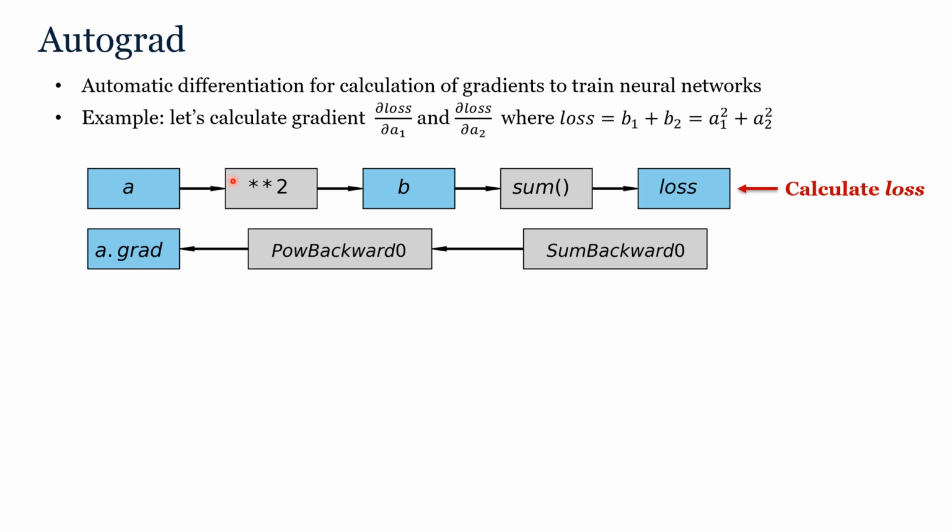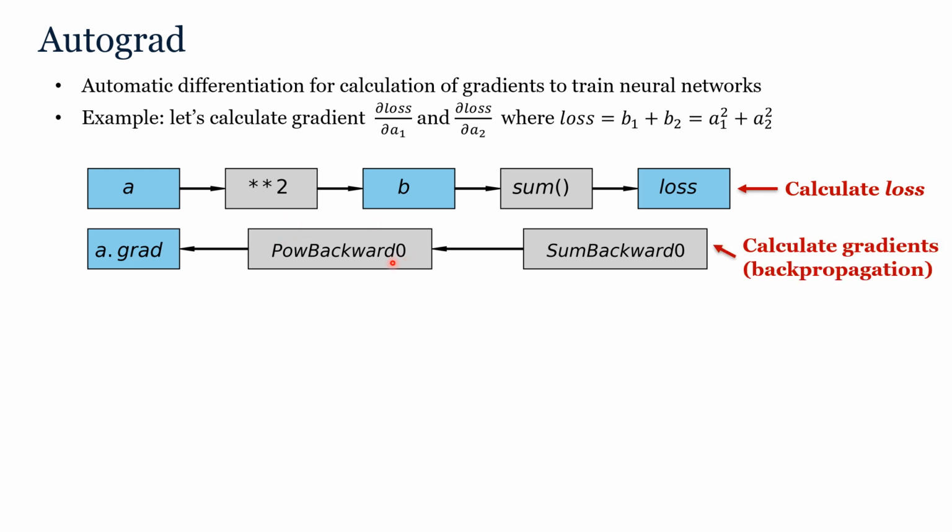The top row of the graph shows how we evaluate the loss. First, we square each element of the vector a, and we obtain the vector b, and then we sum all the elements of vector b to calculate our loss. Note that the loss always has to be a scalar.